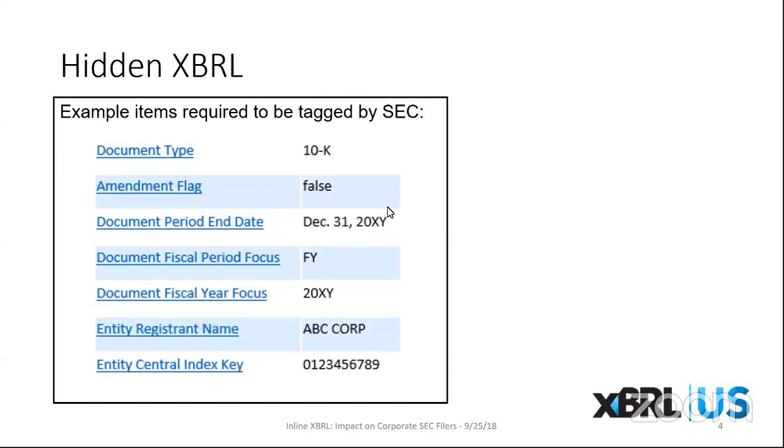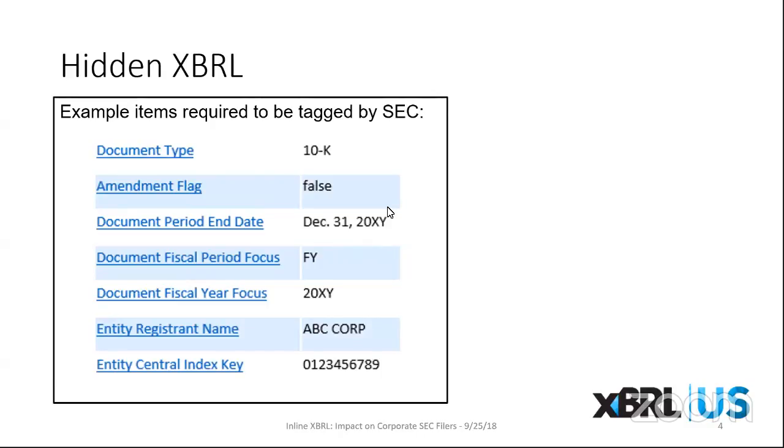But I think it's more appropriate, and it is recommended, that since it is displayed on the cover page, you tag that text of 10-K that's on the cover page, and thereby it would not be included in the hidden XBRL. So when tagging document type, if it does show on the cover page, I'd recommend tagging that text specifically there on the cover page rather than putting it in the hidden XBRL.